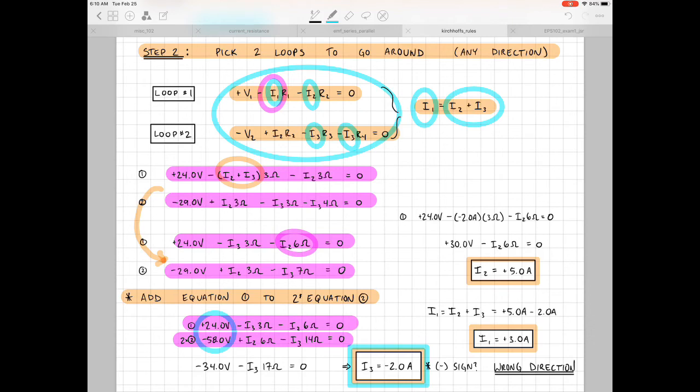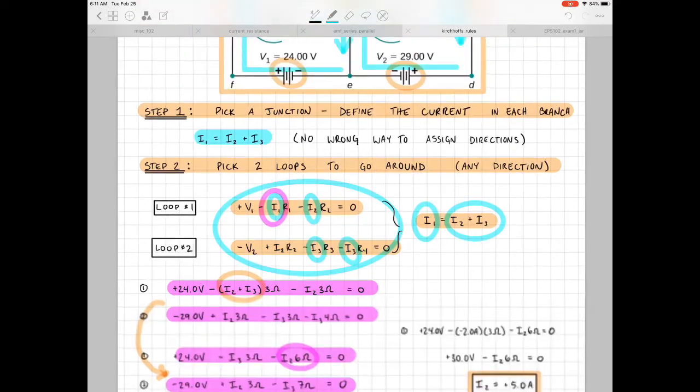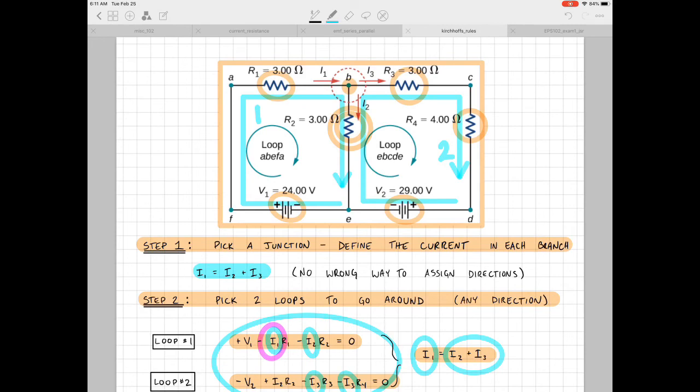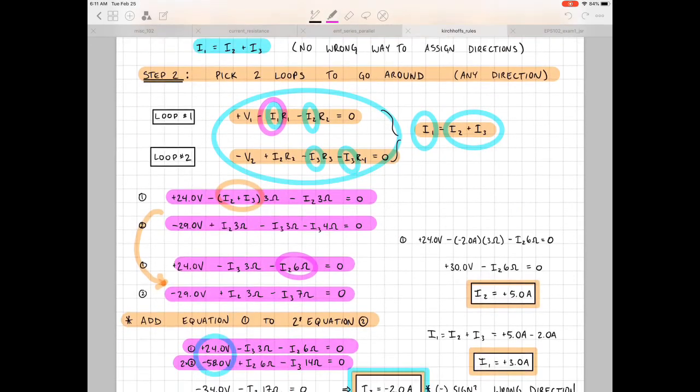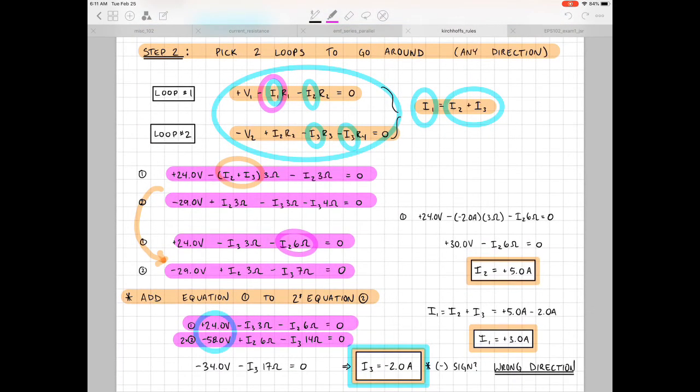So if I was going to answer a question about the current through that third branch, I would say, I got minus 2 amps, so looking back at this picture, it wouldn't be 2 amps in the direction chosen, but 2 amps this way. So you would just clarify that when you report what the current value is. So I3 is minus 2 amps.